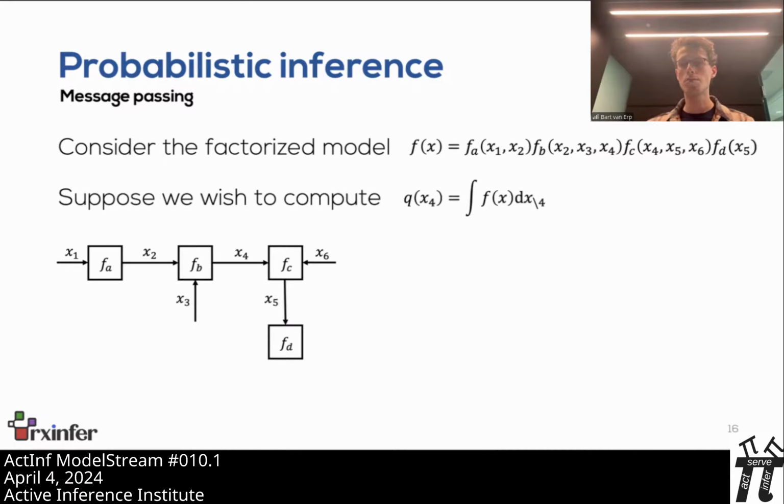Suppose now that we wish to compute the marginal here over the variable x4. Doing this naively would require us to integrate out this vectorized model over all variables x except for x4. However, that's computation heavy, as I mentioned earlier, because we have 5 variables to integrate over, and that might be a challenge because we're in this very high dimensional space then.